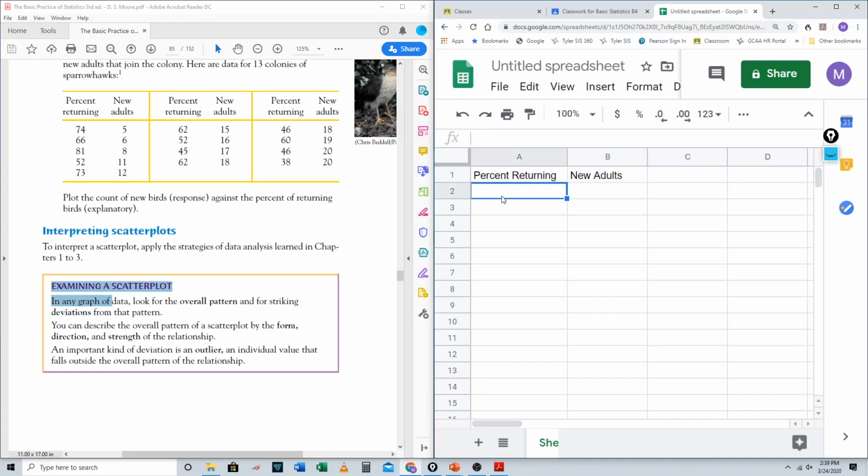The percent returning: 74, 66, 81, 52, 73, 62, 52, 45, 62, 46, 60, 46, and 38. And then new adults: 5, 6, 6, 8, 11, 12, 15, 16, 17, 18, 18, 19, 20, and 20.